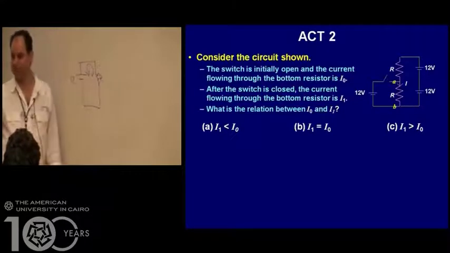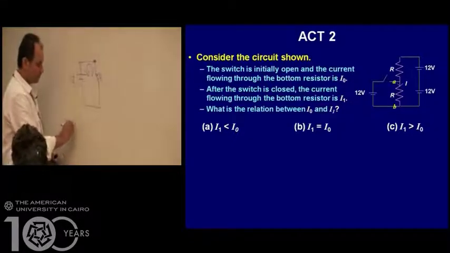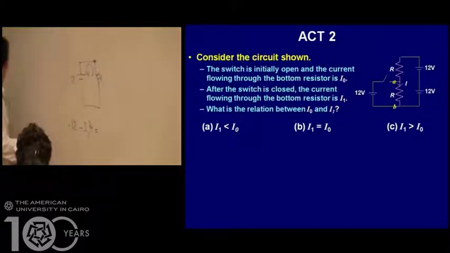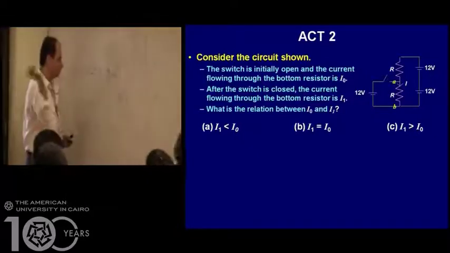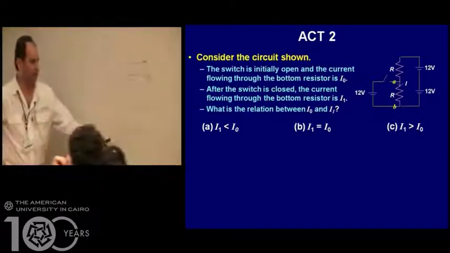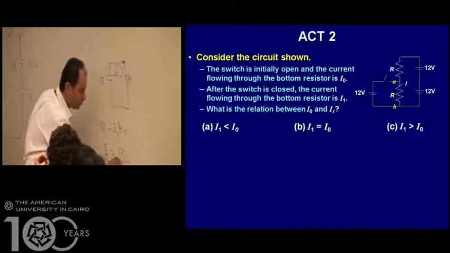That doesn't matter. So I'm going to start from that point. Negative 12, negative IR, I1. I'm going to call this I0 to match the slides, and that I1. So in that case, I1 will equal 12 over R, negative, again.